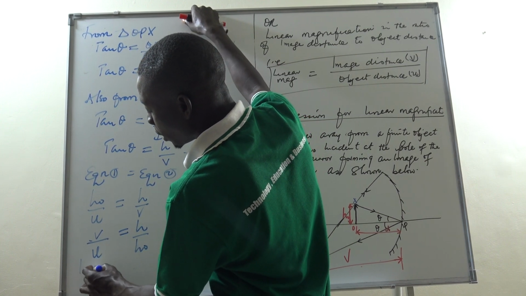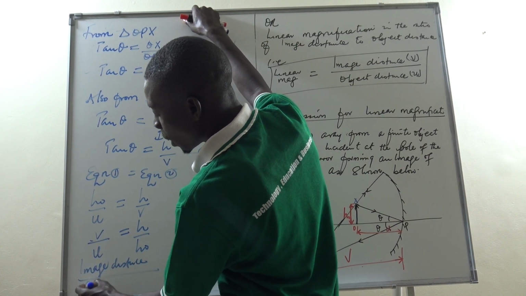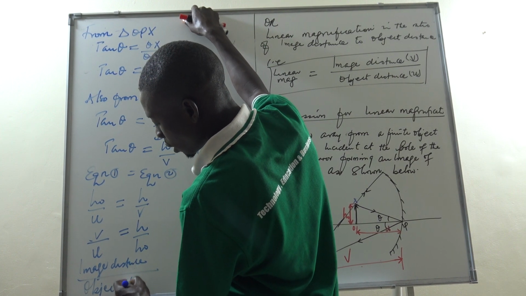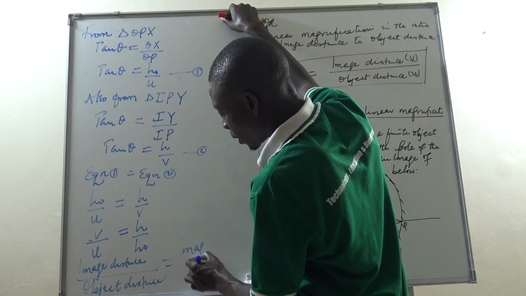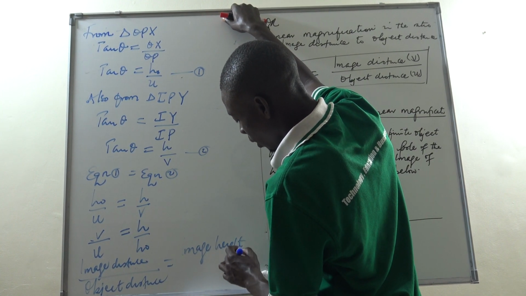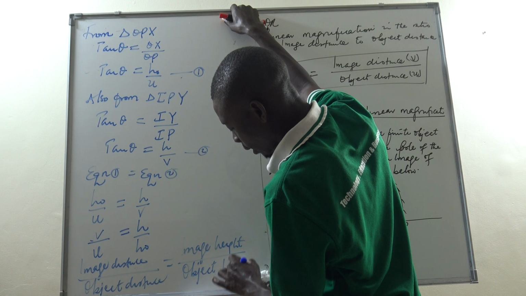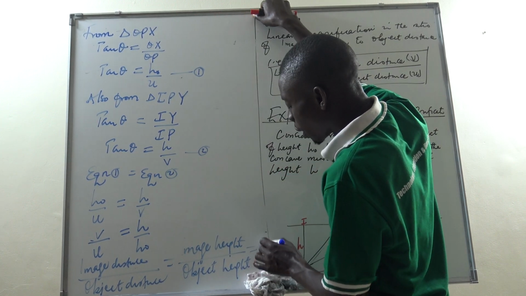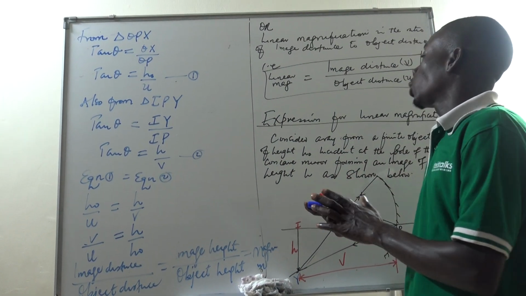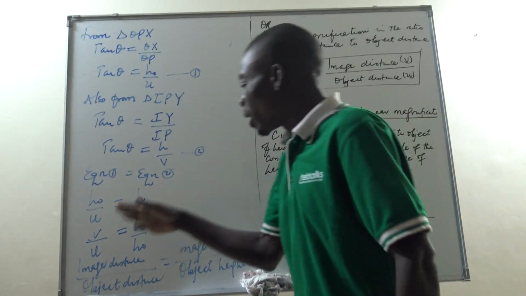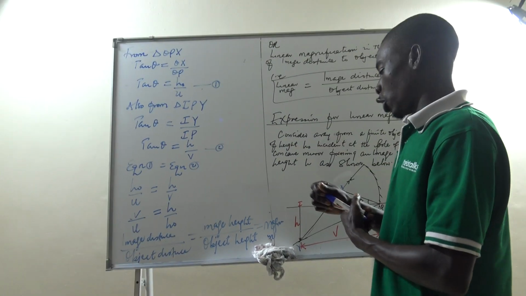Where V is image distance over U, the object distance, and we are saying it is equal to H, the image height, over H naught, the object height. And this is what we are calling magnification M. Is that okay? So that is our expression for magnification, either image distance over object distance or image height over object height. That is magnification. Thank you.